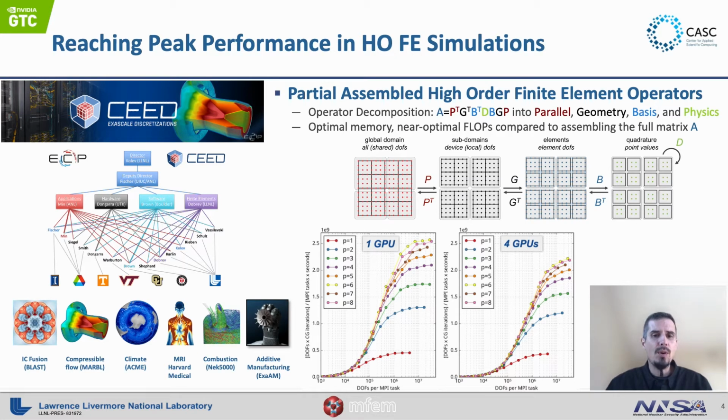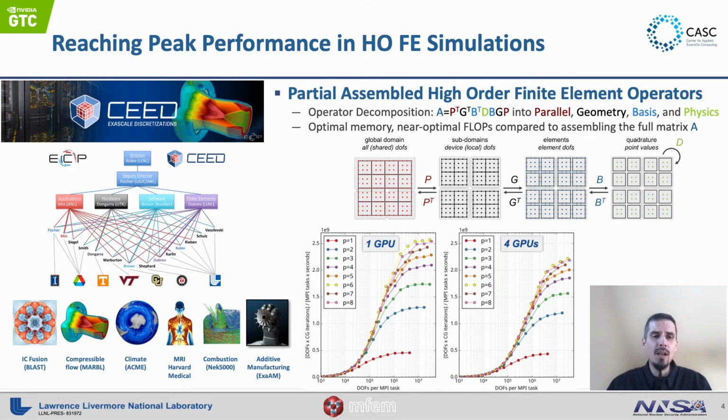Several SEED benchmarks have been released and played an important role. These are the mass and stiffness matrices benchmarks, BP1 and BP3, and preconditioned Poisson solvers, BPS3, and performances are usually presented as throughput, as shown in these results.